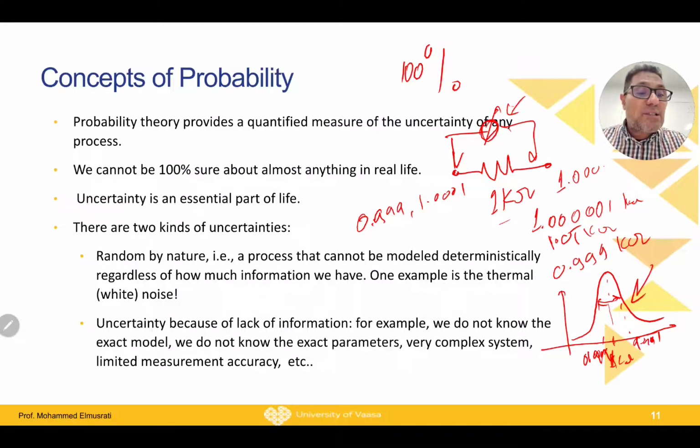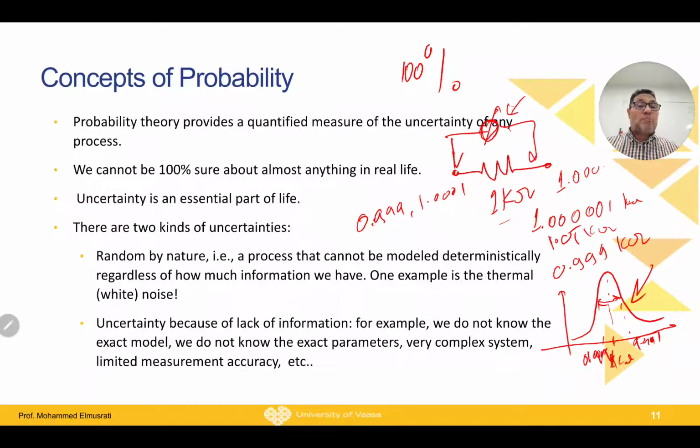Okay, now this uncertainty, or the probability density function, exists because of our lack of knowledge. We don't have the ability to measure anything with 100% accuracy. This is not possible because we have limited accuracy in every one of our measuring devices, as well as an imperfect manufacturing process.